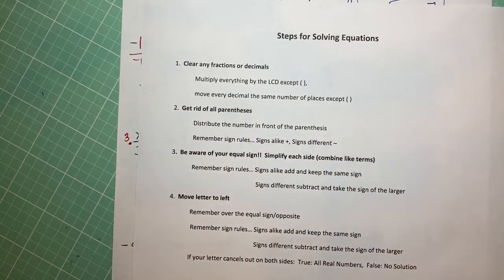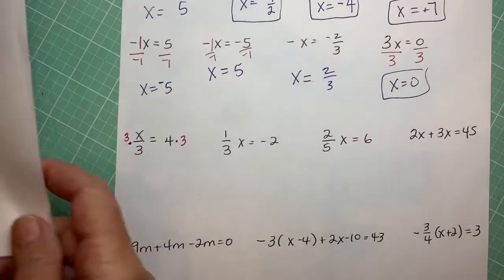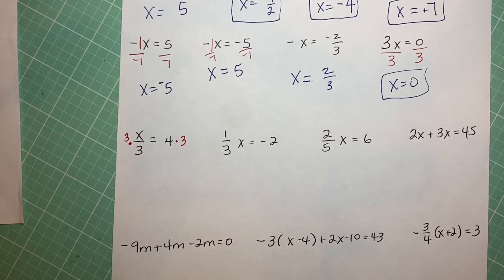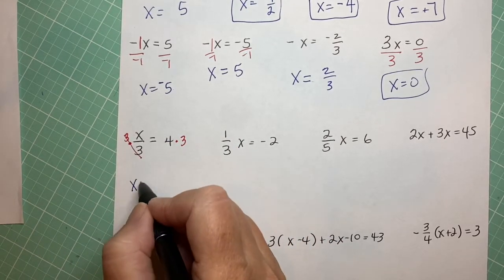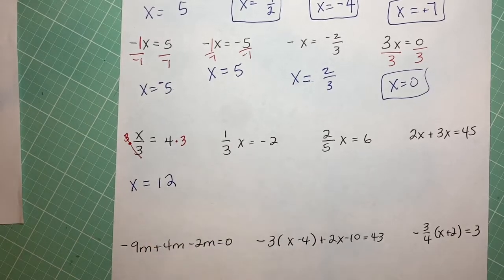I'll explain that in a minute. If you only have one denominator, then that's the least common denominator. So since it was x over 3, we just multiply both sides by 3, which cancels that out and leaves me x equals 4 times 3 is 12. So you get rid of a fraction by multiplying everything by the denominator.